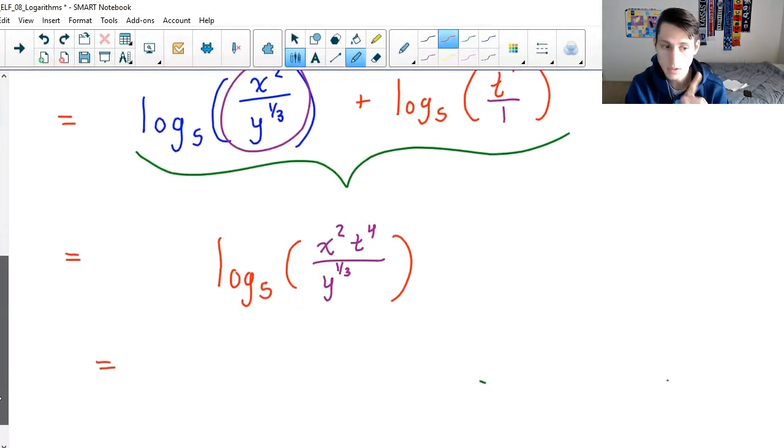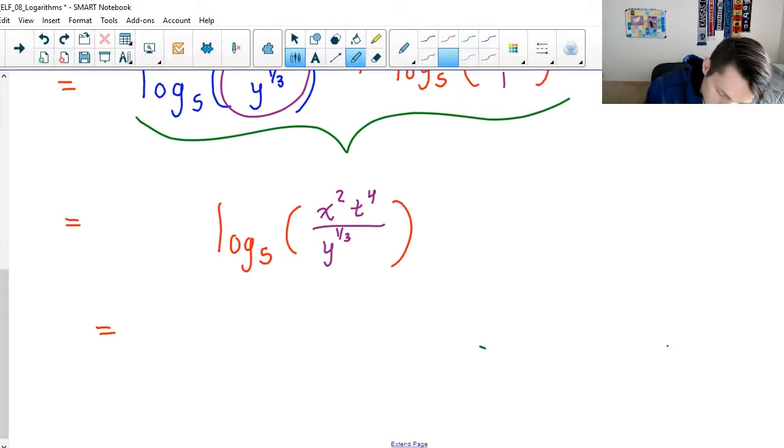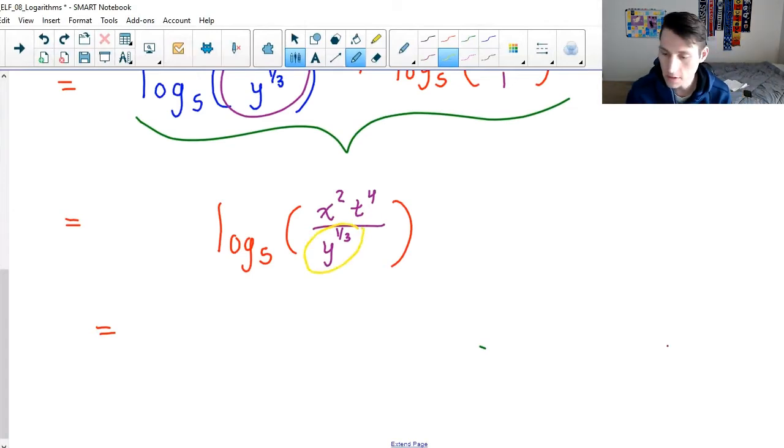And there's just one more small step that I'm going to make, which is that the y to the 1/3, I can actually switch that up a little bit.